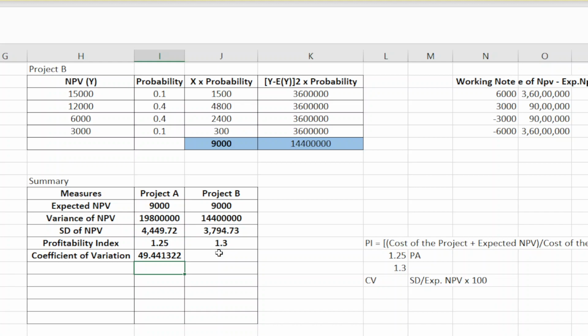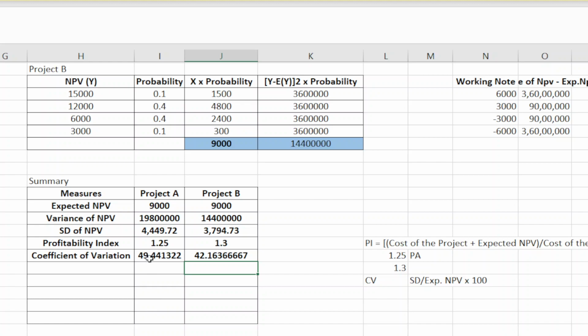49.44%. Yes. Now for project B, open the bracket, standard deviation is 3,794.73 divided by expected NPV 9,000, close the bracket, into 100, 42.16%. So this is what I get when I calculate the coefficient of variation.